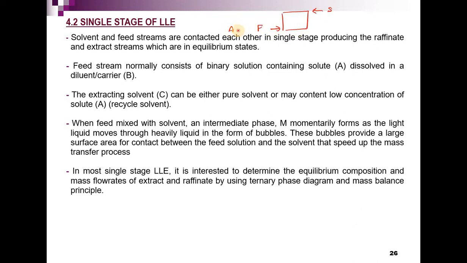The feed contains component A and B, while the solvent can be pure or can have a low concentration of solute A. So the feed usually contains solute A and B, where A is dissolved in B as a carrier or diluent, and the solvent we put as component C. If the solvent is pure, it only has component C. If the solvent is not pure, it may contain a little amount of solute A, maybe because it is a recycled solvent.